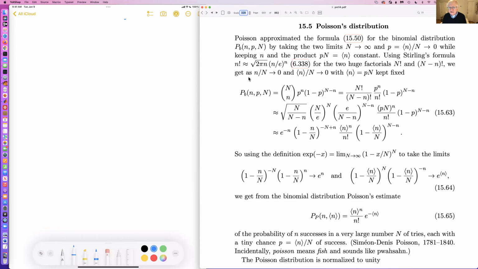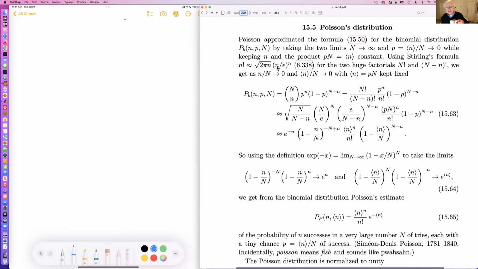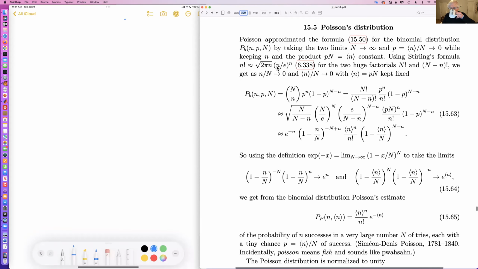And if you do that, say, using Stirling's formula, which we derived, remember, back in the complex variable section, n factorial is the square root of 2 pi n times the nth power of n over e, e being 2.718281828.